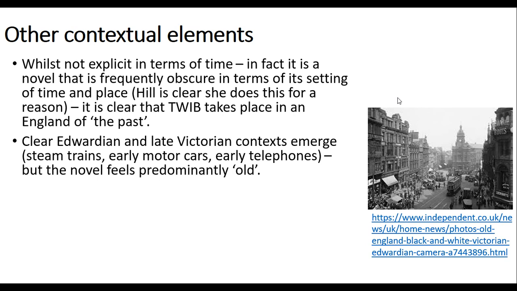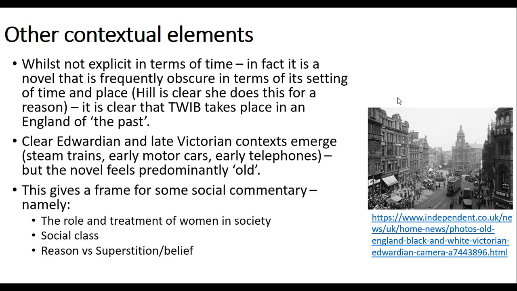Again, she uses setting for an emotive purpose rather than specifically to set it at a particular time. But it does mean that we have some opportunity to make some social comment. So without a doubt, the time frame gives us access into looking at the role and treatment of women in society. That, as you read through the novel, you'll see, does feature. It's part of the story.